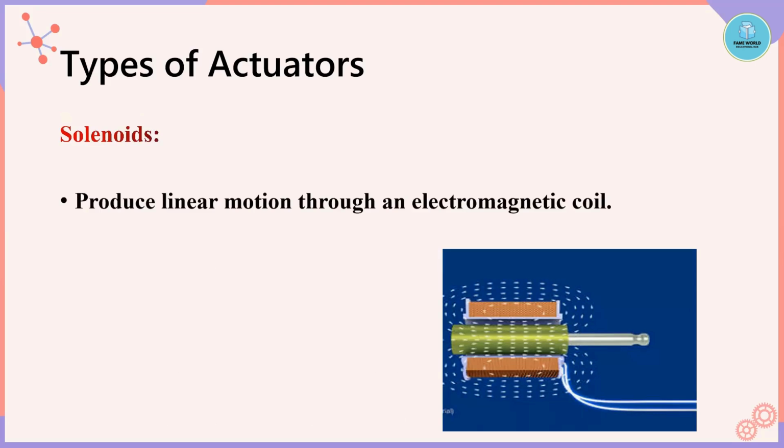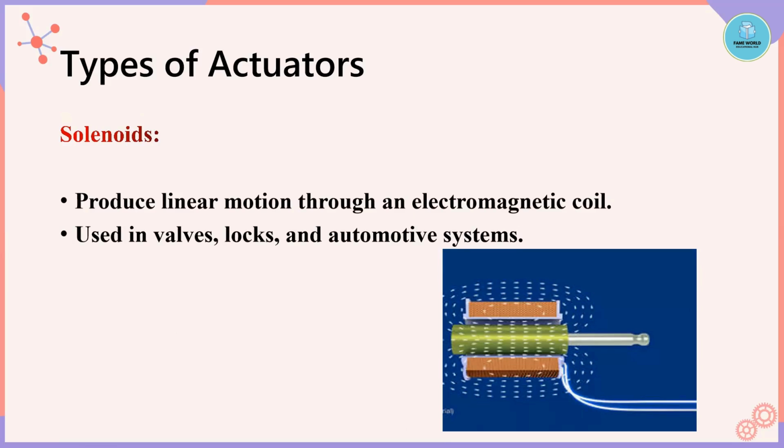Solenoids produce linear motion through an electromagnetic coil. Solenoids are mechanical devices, and here you can see one image about it. They are electromechanical devices that convert electrical energy into linear motion, and they are often used to control mechanical systems by generating a magnetic field through a coil.